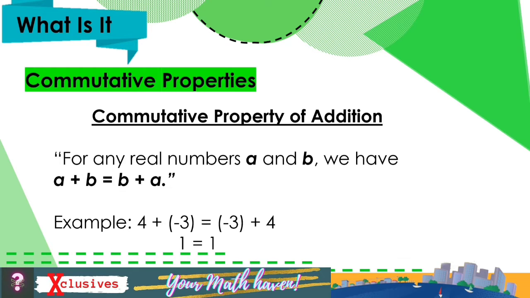For example, 4 plus negative 3 is the same as negative 3 plus 4, because when you simplify, the result is both 1. Thus, commutative property would mean no matter how you order the addends, the result is still the same.